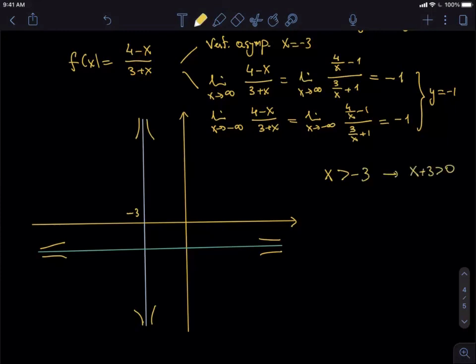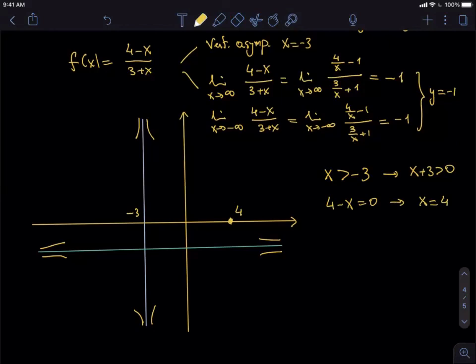So on the right of the asymptote, I know that the denominator is positive. Now notice 4 minus x equals 0 means that x must be equal to 4. So at x equals 4, the function has a root.